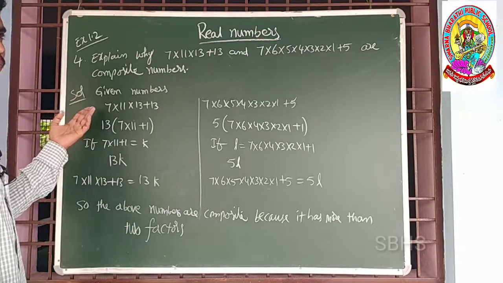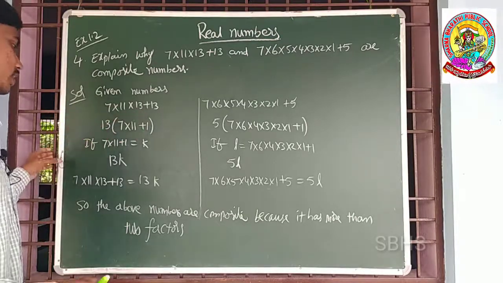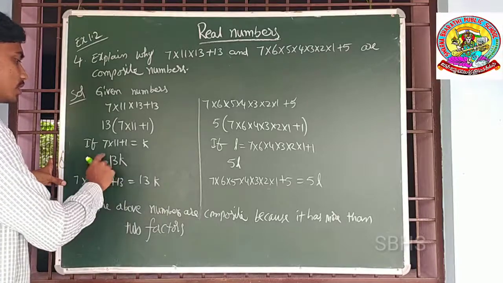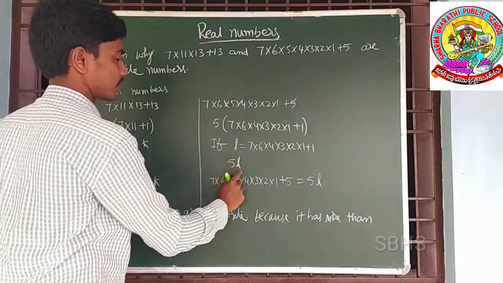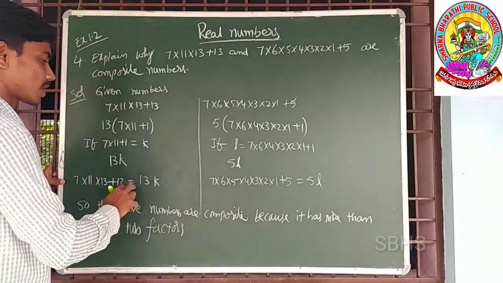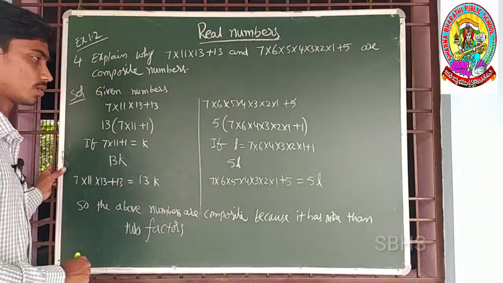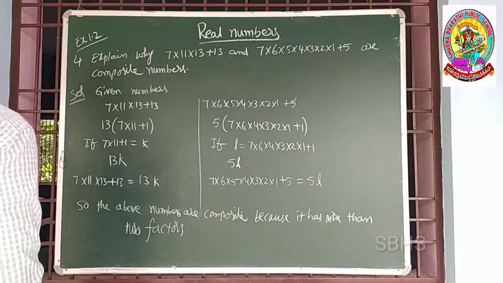First factor is 1, next factor is the number itself, and the remaining two factors are 13 and something, k. Here the remaining two factors are 5 and something else, so that's why it is possible to express it as a product of two numbers. So these two are composite numbers.